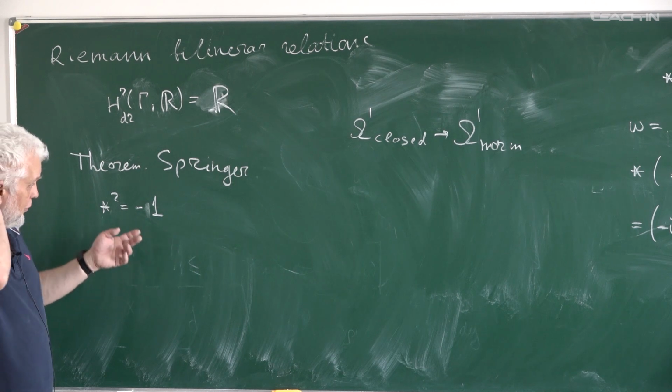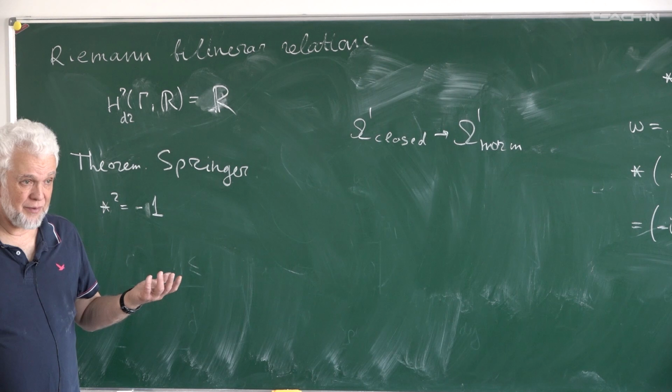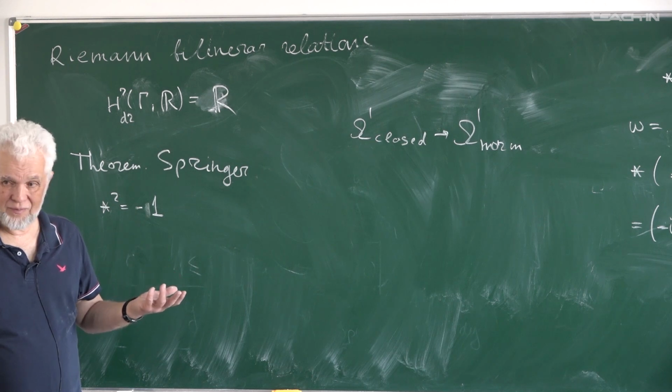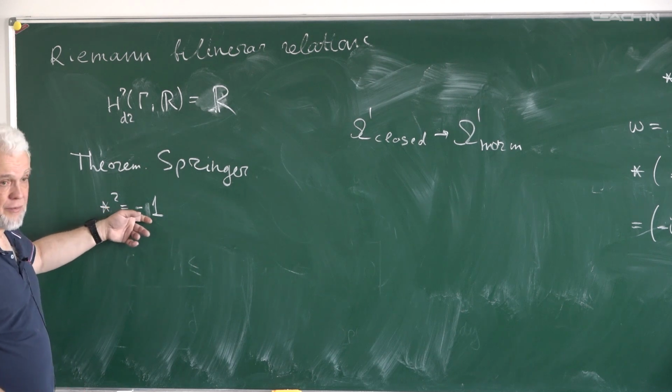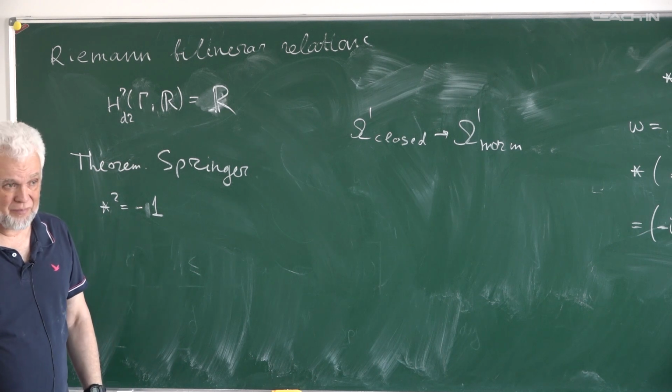The eigenvalues of the operator are I and -I. Understand? If we have such an operator whose square is -1, then the eigenvalues are either I or -I. Understand it?